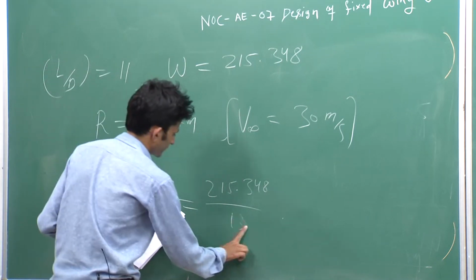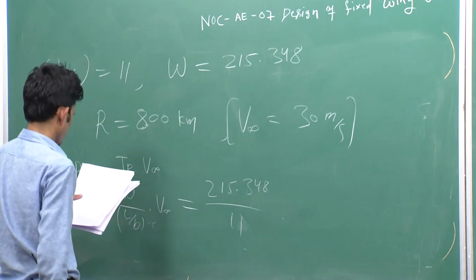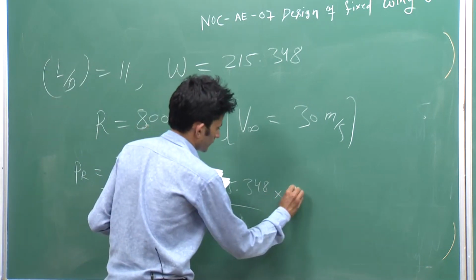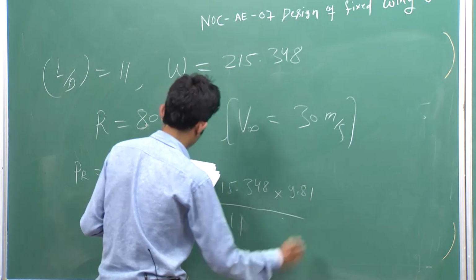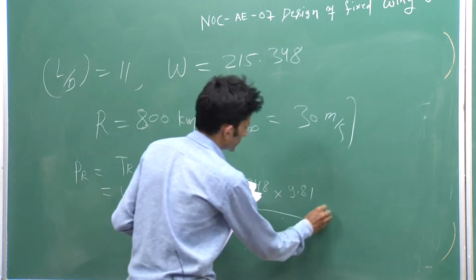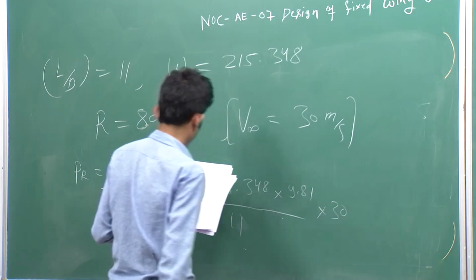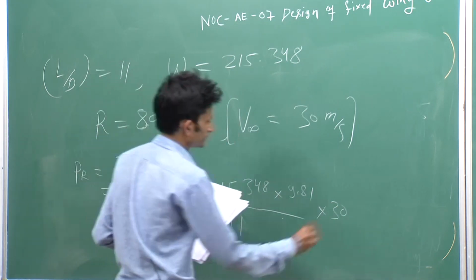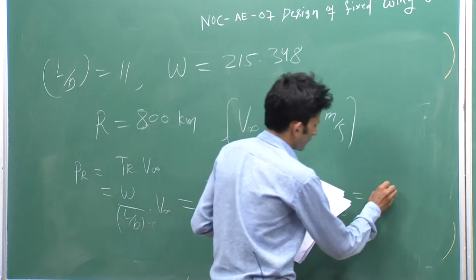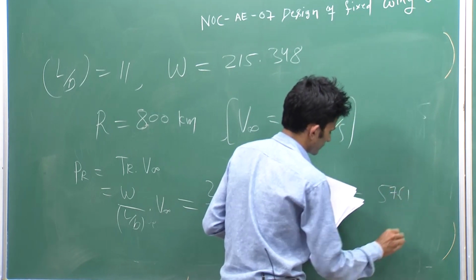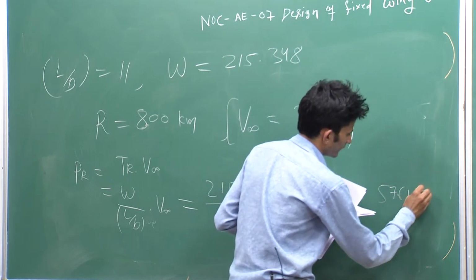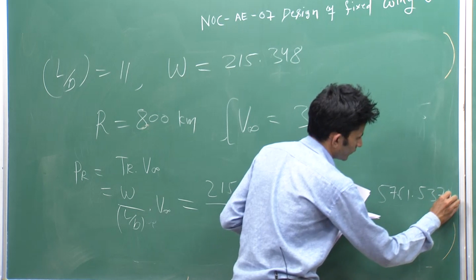Okay. L by D is given 11, into 9.81, into 30. So, your answer will be 5761.537 watt.